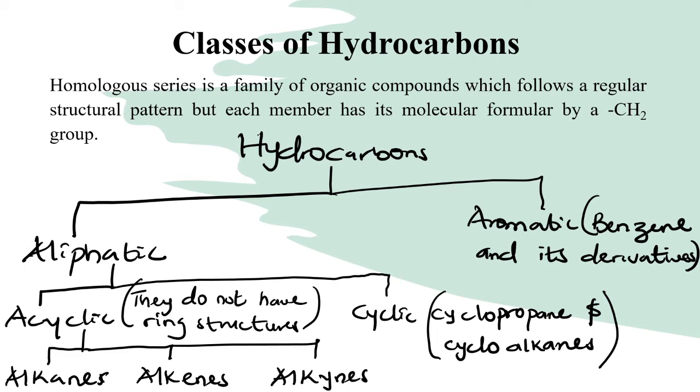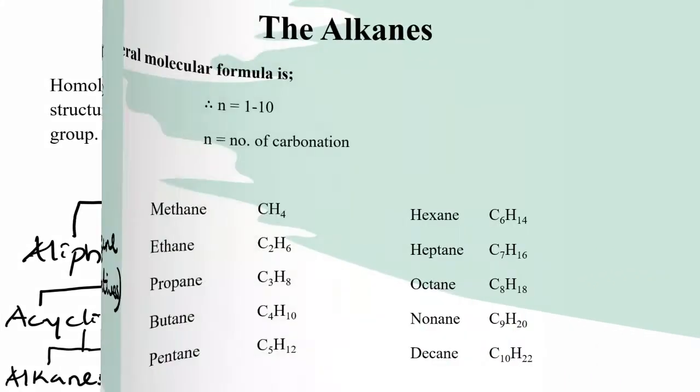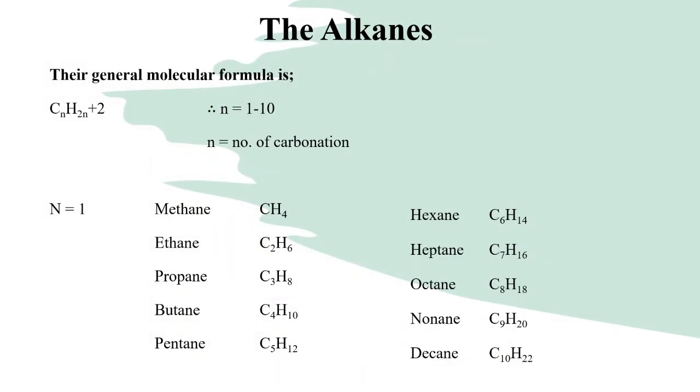A homologous series is a family of organic compounds which follows a regular structural pattern, but each member differs in its molecular formula by a CH2 group. We have the alkanes.